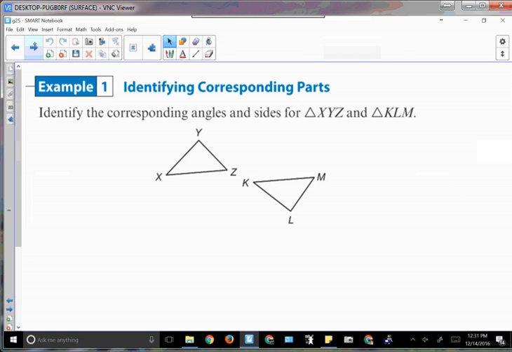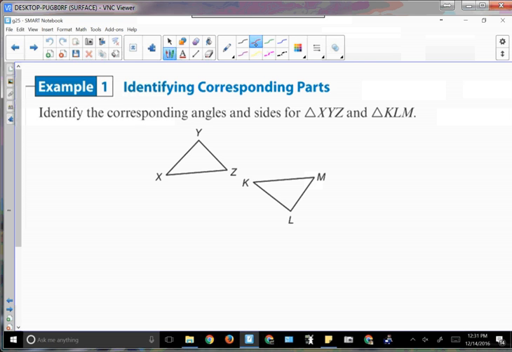Same thing. So, if I want to identify corresponding parts, the easy bit is it's already done for us. So if I got triangle XYZ, I got triangle KLM.